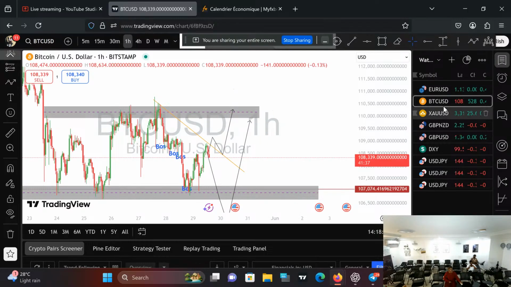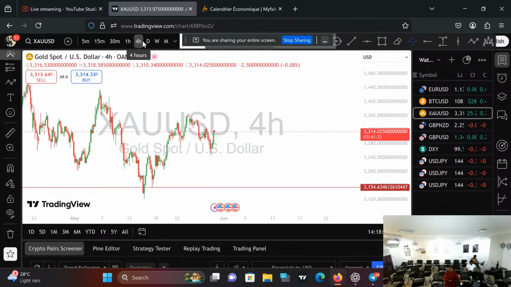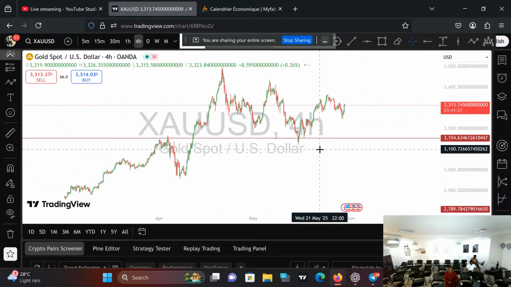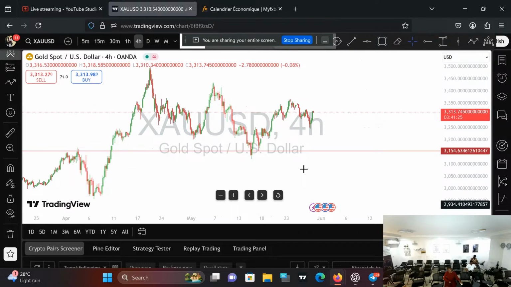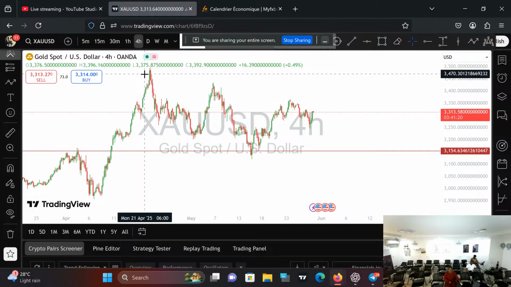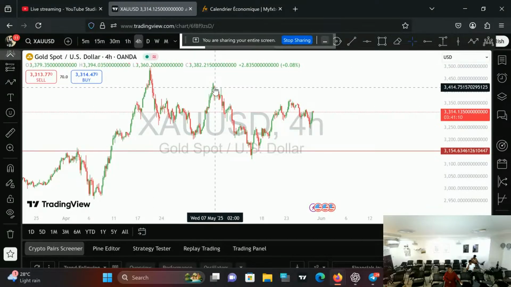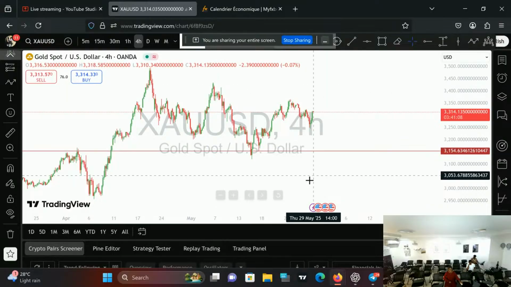You can go to gold. You can go on the 4 hours and see what it's doing. Gold has been bullish, but the bullish movement could not break this previous high, the highest high of gold, and the market has just been rallying down.